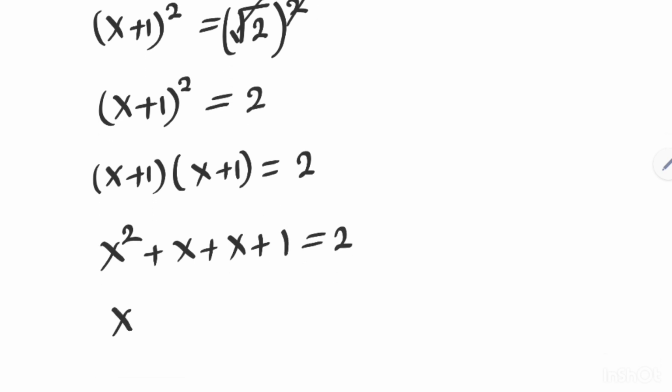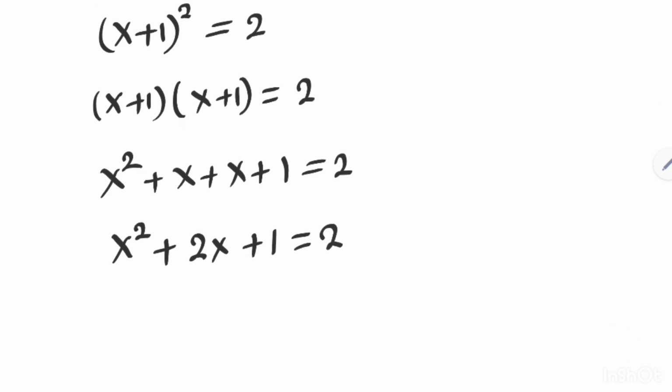This is x squared plus x plus x, 2x, plus 1 is equal to 2. Then here we have x squared plus 2x plus 1 minus 2 equal to 0.